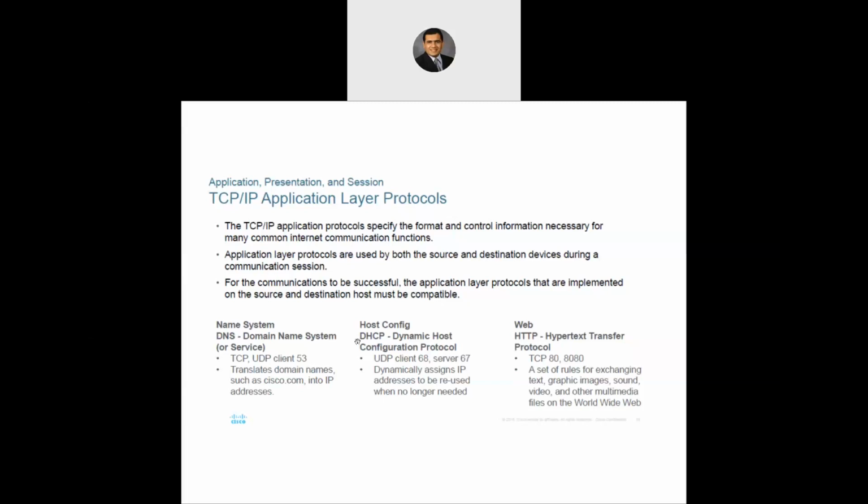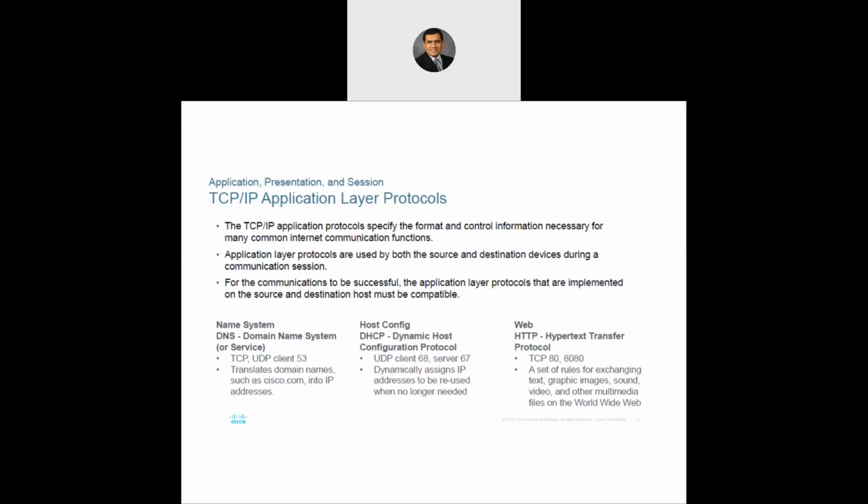Then the DHCP server. Just imagine in an institution like Curtin, where you have thousands and thousands of devices. If you want to give an IP address statically, individually, the network engineers will go crazy. So what they do is assign a server or a router to be a device to give automatic IP addresses, either IP version 4 or IP version 6.